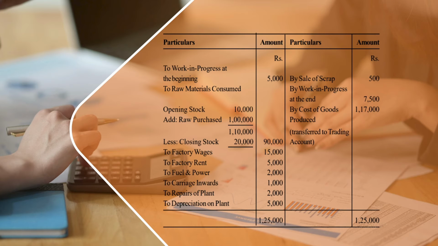To raw materials consumed. We can easily calculate the amount of raw material consumed. The equation is opening stock of raw material plus purchase of raw material during the period minus closing stock. Opening stock is given in the question, 10,000. Then raw materials purchased during the year is rupees 1 lakh.